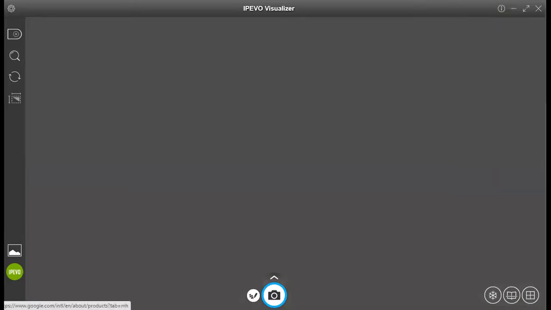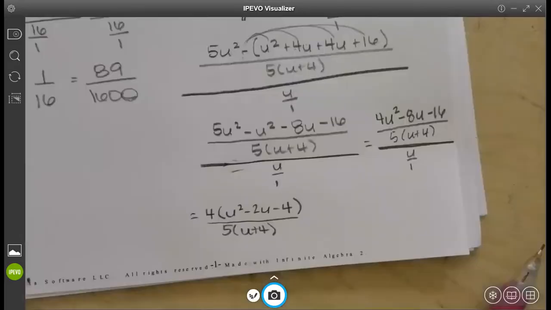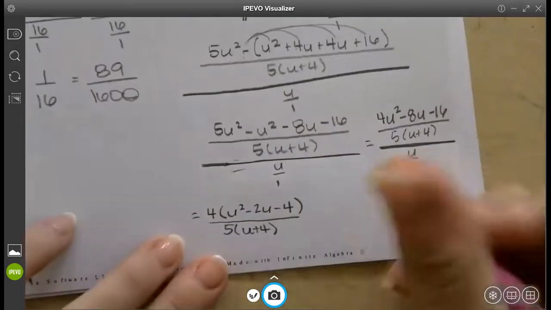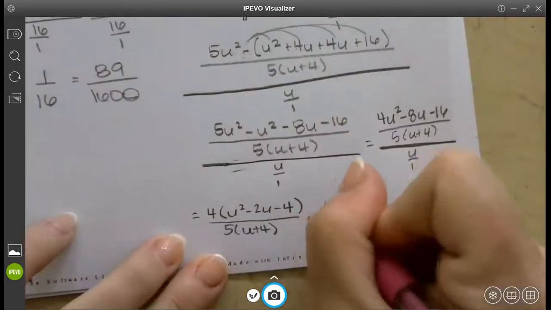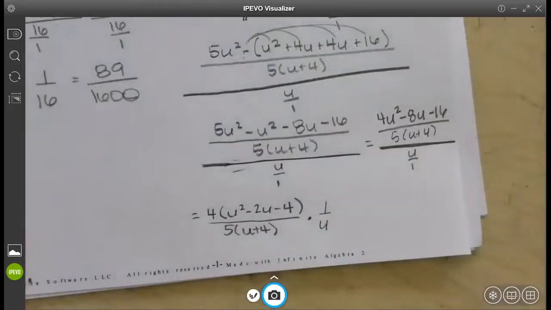Give me a second. Sorry, y'all. I'm just going to get anybody in that can. We're going to flip it and change it to multiply. Now it looks just like the other day.